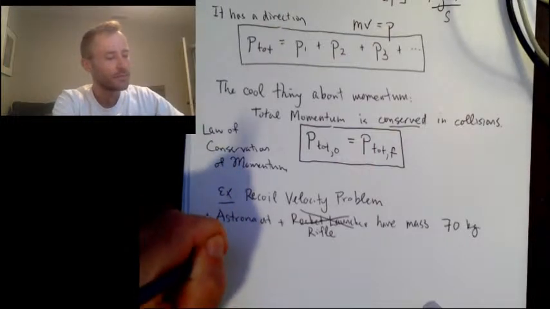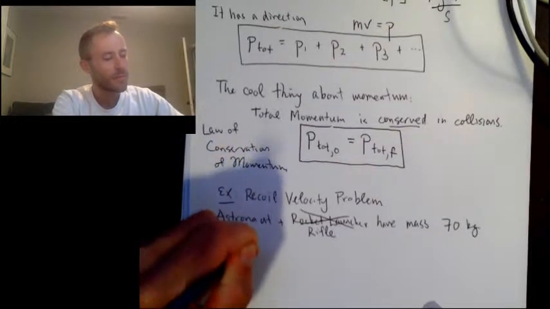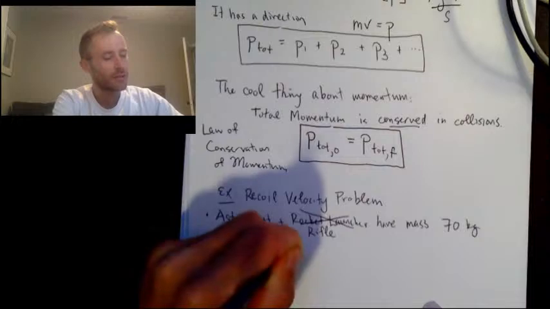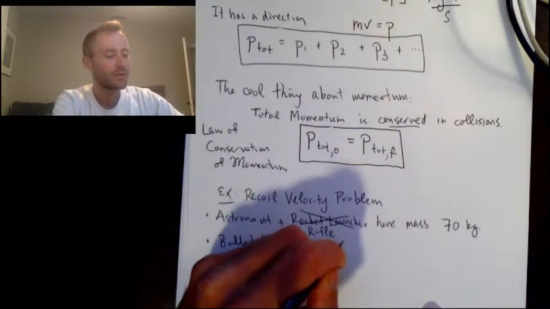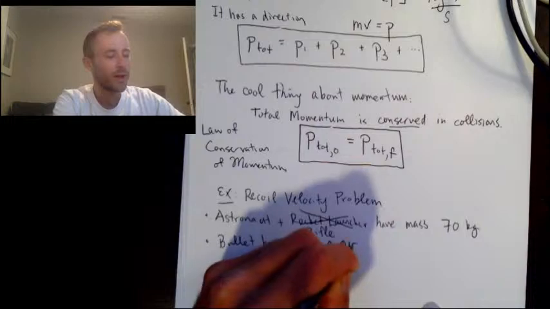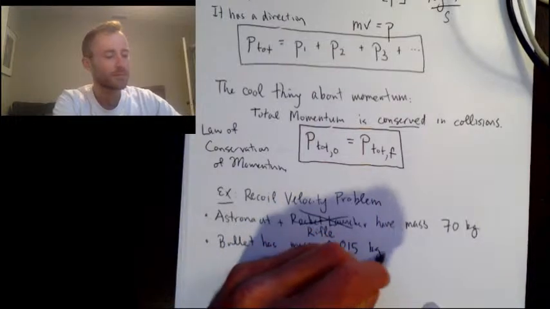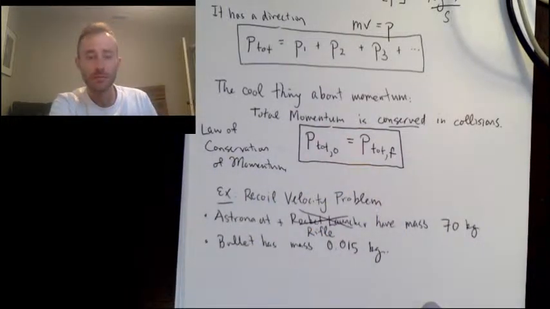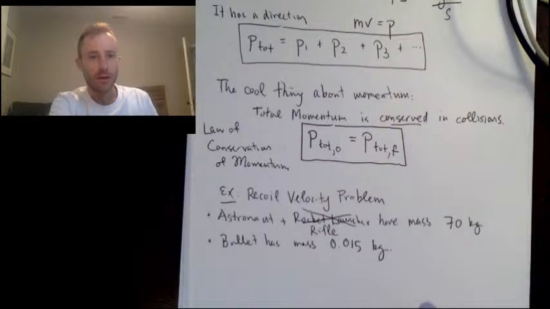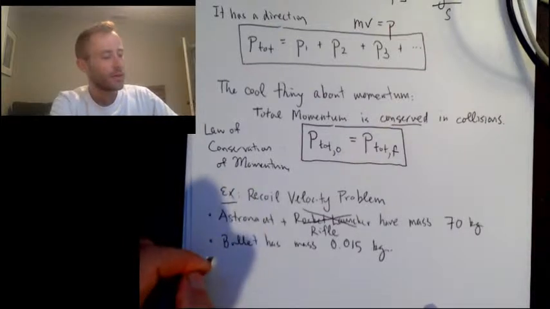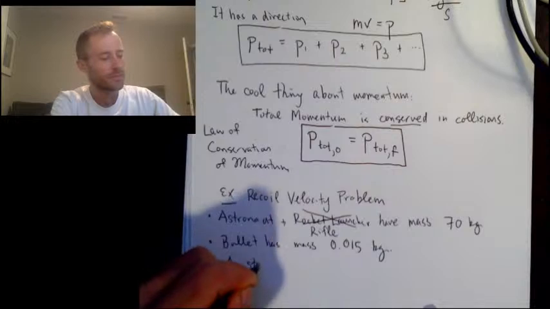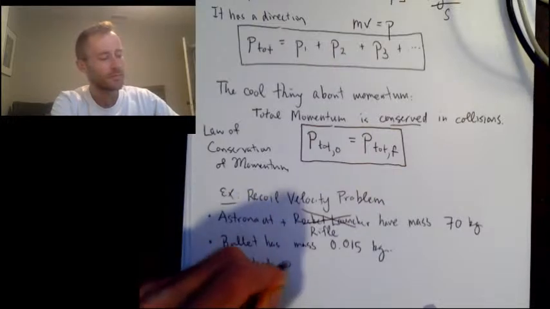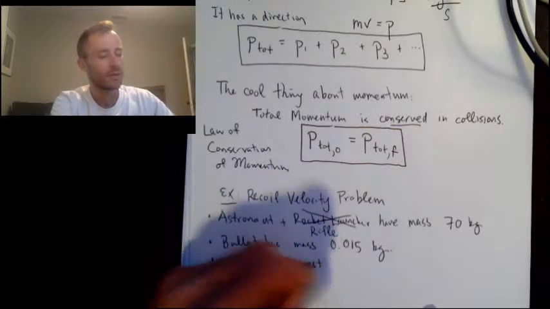The bullet has mass, let's say 0.015 kilograms. Okay? Now, astronaut starts at rest. Okay.